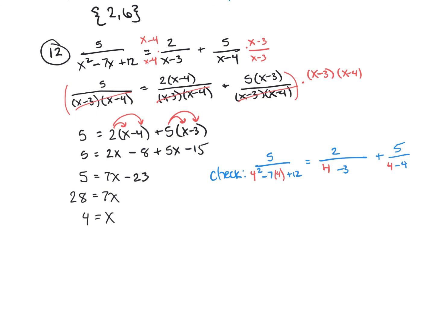So if I take my next step and I try to simplify, I'm going to have 5 over 16 minus 28 plus 12 is equal to 2 over 1 plus 5 over 0.